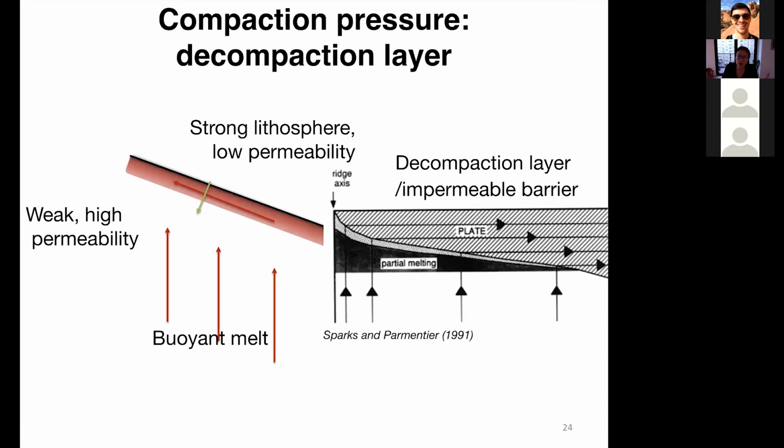So because melt cannot penetrate into this cold and strong lithosphere, it creates this compaction pressure just below it that opens up pore spaces, so that melt can be piled up into what we call the decompaction layer, and then it can flow towards the ridge axis.